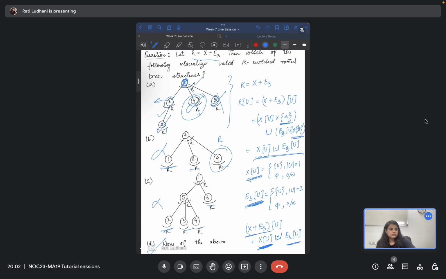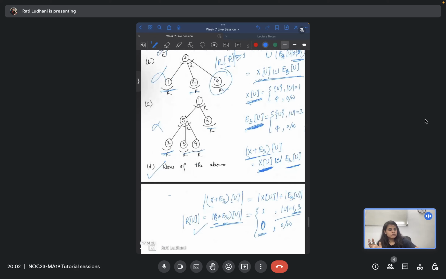No children. That means the set is empty. So R of 5 should be non-empty, should be greater than or equal to 1. We are saying there should be an R structure on the set of children. So R of 5 should be greater than or equal to 1.